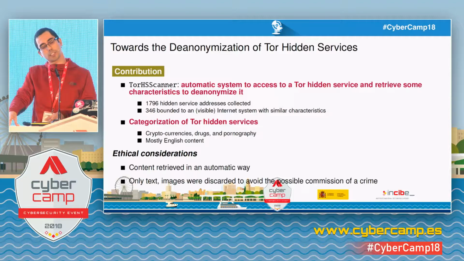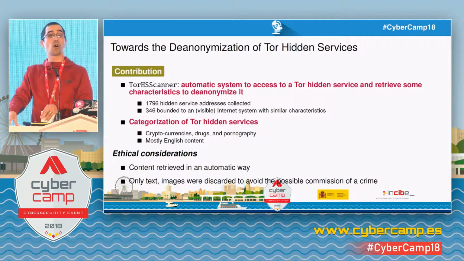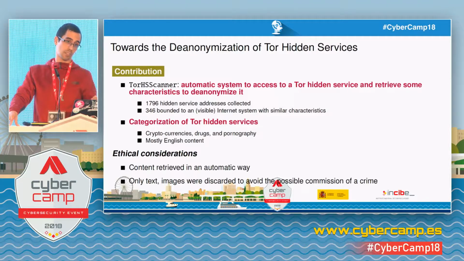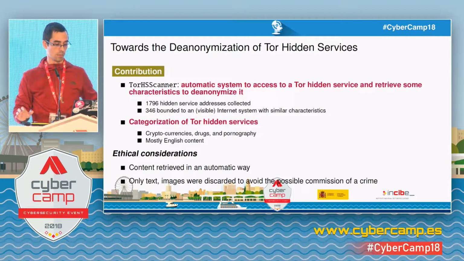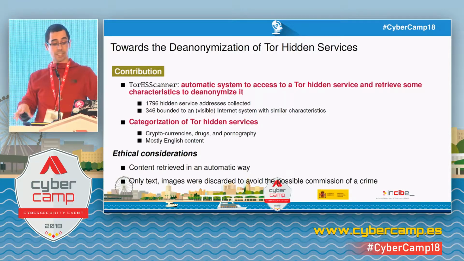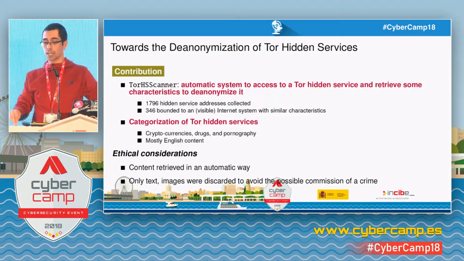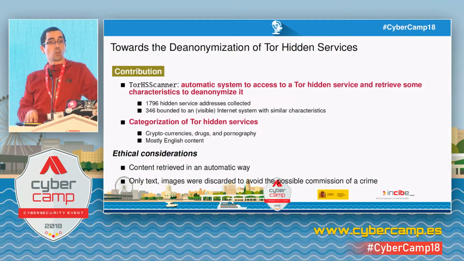We just said that we found services available in the ordinary network that share characteristics with other services that are delivered or provided in the deep web. And because we have access to each and every one of those services, we decided to classify the content of these services.